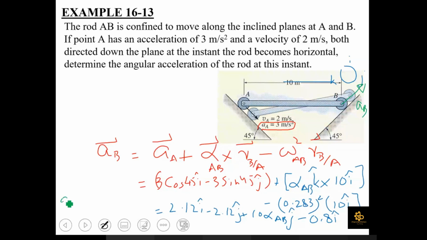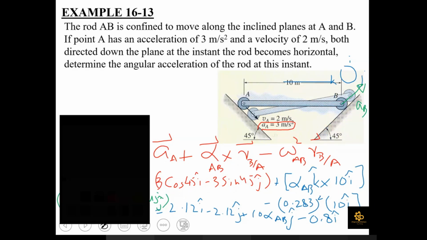So AB can be written as AB cos 45 I plus AB sin 45 J. So this is going to be AB, which is AB cos 45I plus AB sin 45 J. और cos 45 या sin 45 0.707 होता है. So 0.707 ABI plus 0.707 ABJ should be equal to 2.12I minus 2.12J plus 10 alpha ABJ minus 0.8I.